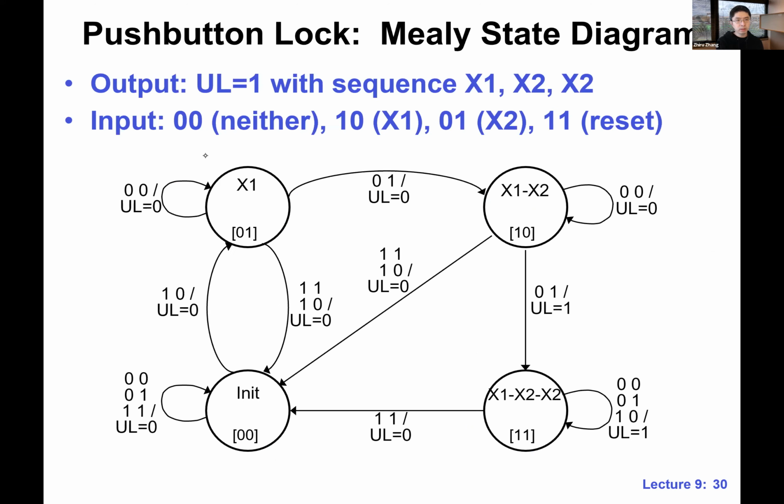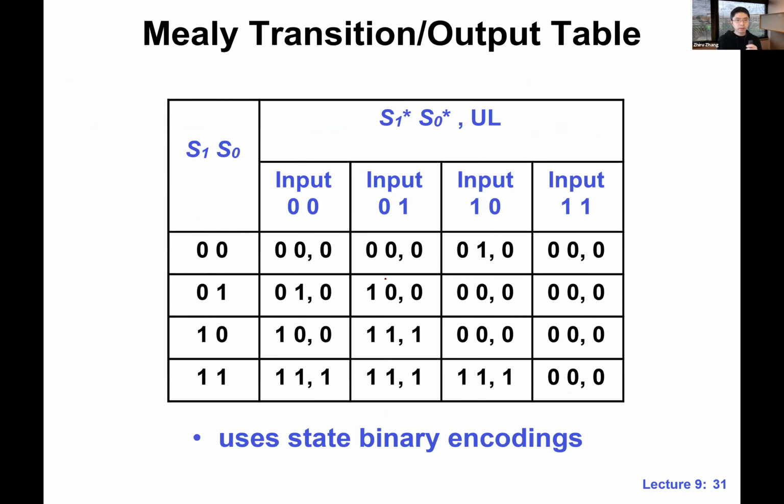Okay, so that's the Moore machine, and we have also drawn the Mealy machine, and it's something like this. Again, the only difference is the output. The output is showing up on the transition arcs. Okay, and this is the diagram, and this is the table for the diagram.